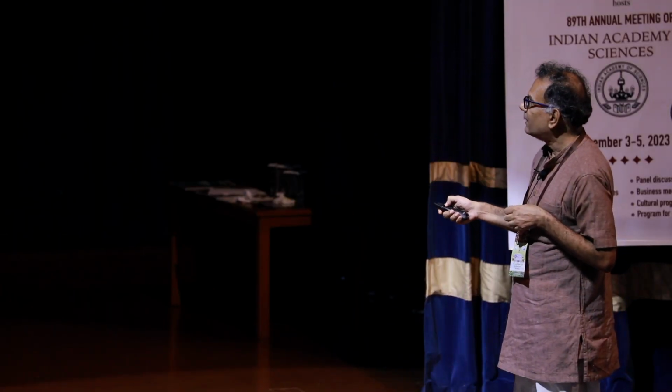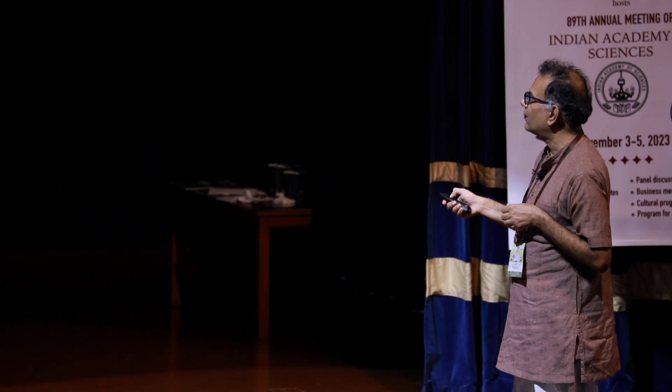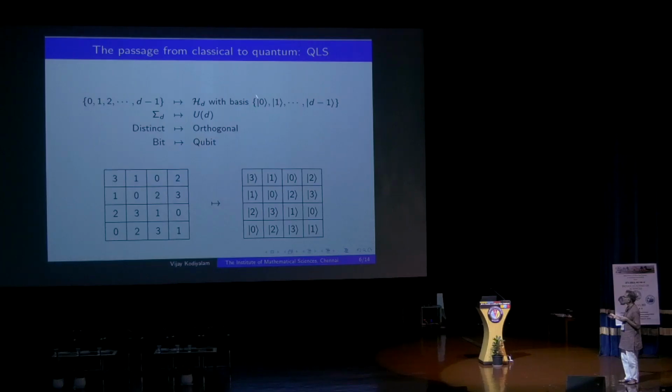And distinct here will correspond to orthogonal there. That is, two vectors which are orthogonal, that's the analogy for distinct elements of this set. And an example of this is when D is 2. So you have a bit that takes two values, 0 or 1, and in quantum computation a qubit is a unit vector in a two-dimensional complex space.